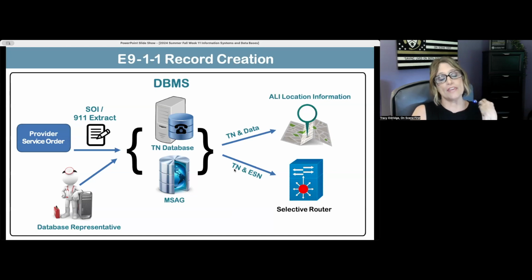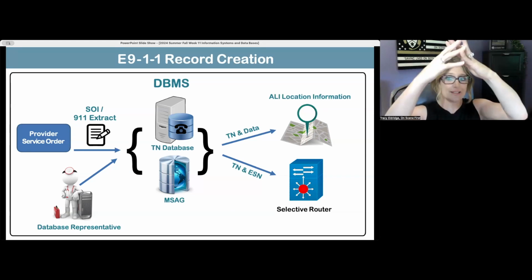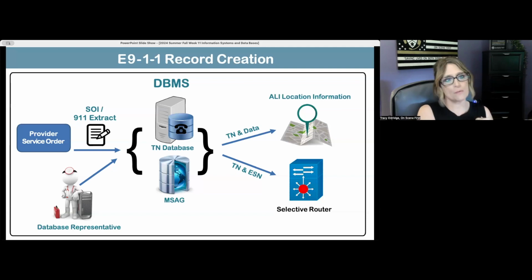And then the telephone number and the ESN is sent over to the selective router. And the selective router is going to determine where that call goes. And eventually it's all going to come back here. This is just the E911 record creation. We will talk about the process in the next couple of sessions. And then we have a database representative, and that's going to be the person who oversees and maintains that database.